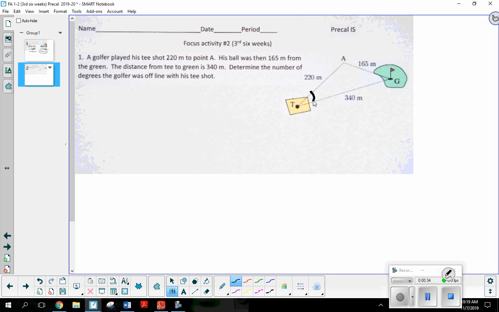Law of cosines. What would that look like if we're keeping the variables in the equation? How would I write that out? Nice. Cosine. Nice. And then if we rearrange it for T, what would that look like?